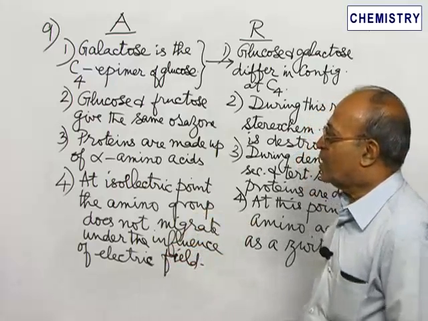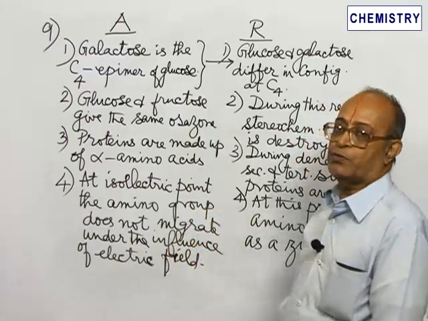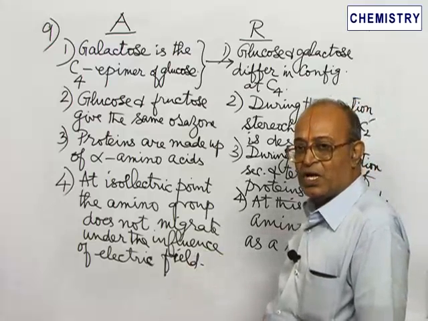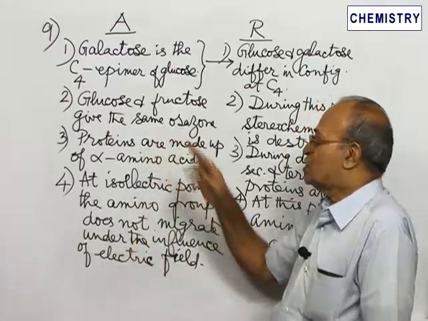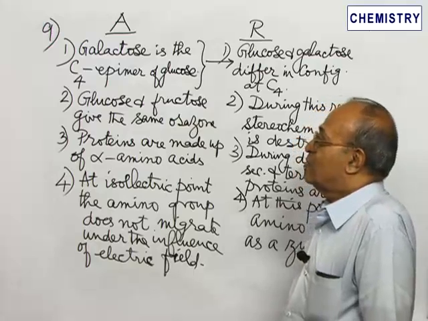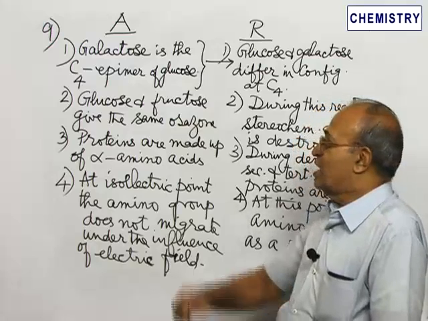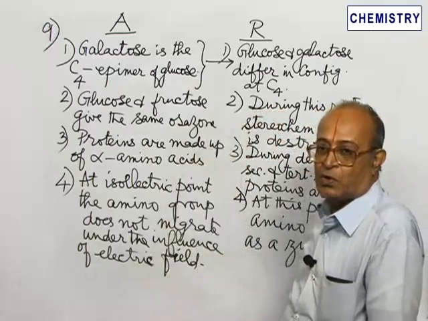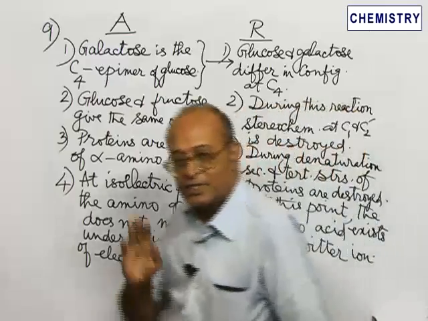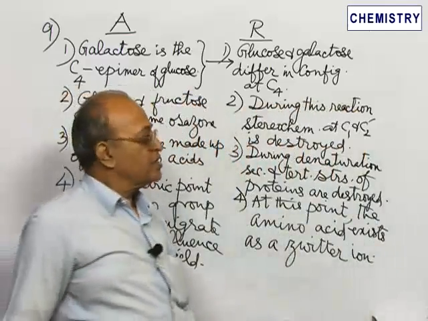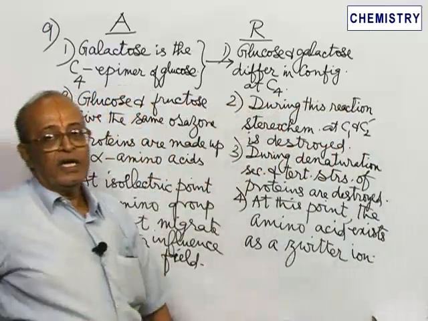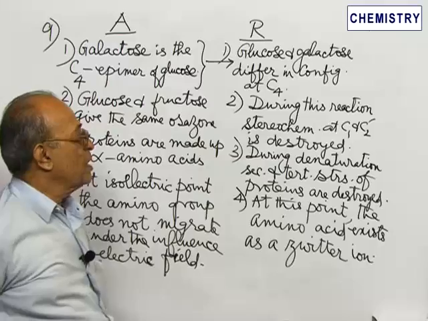And from the properties of these two, we notice glucose and fructose undergo this osazone formation reaction, and it has been noticed that both glucose and fructose give the same osazone. So statement 2 under assertion is correct. What about the corresponding explanation given for this?